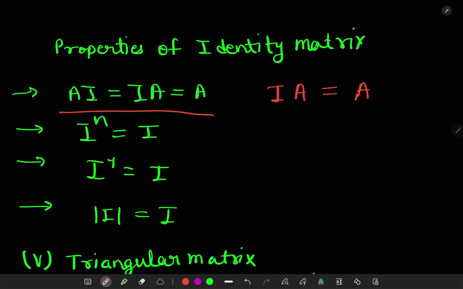As you can see, I raised to power n is equal to I, because the identity matrix determinant is equal to 1.